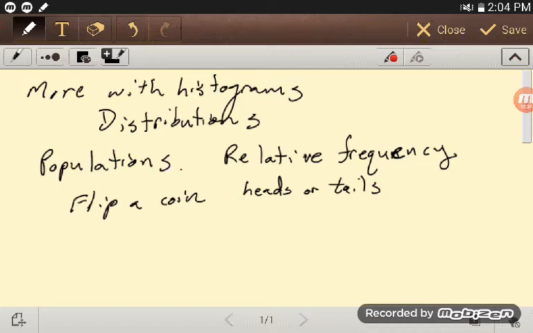Because if I just say I'm going to flip a coin once, I can either get a heads or a tails. I can't get both, but the population I'm sampling from, so I'm flipping the coin once, that's a sample of what the coin could do.